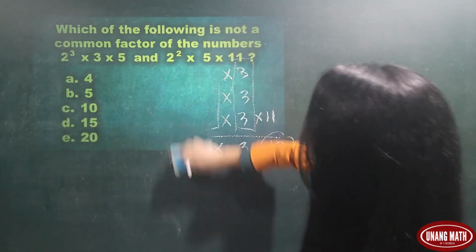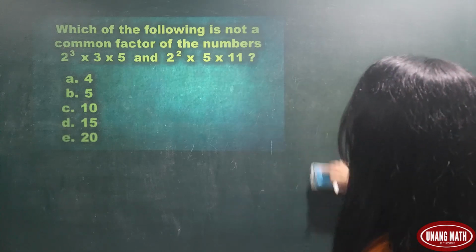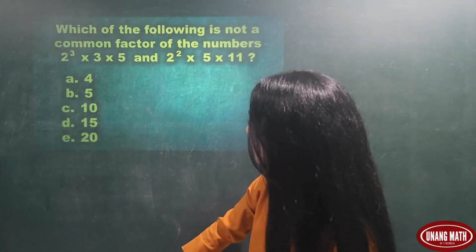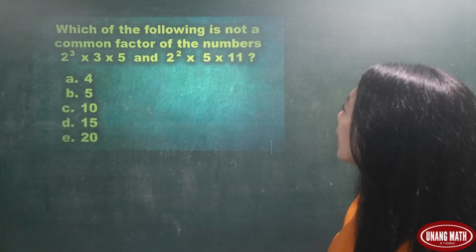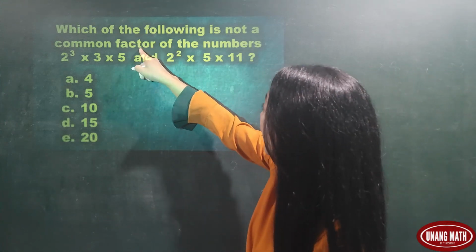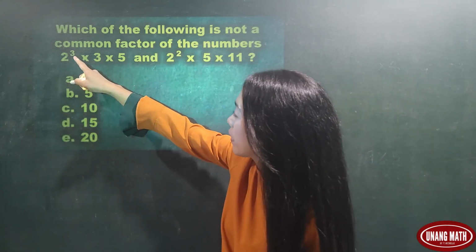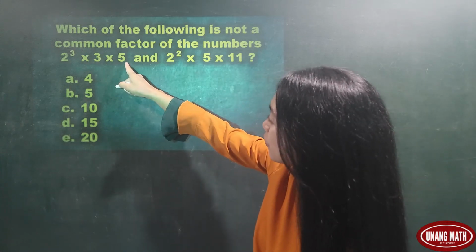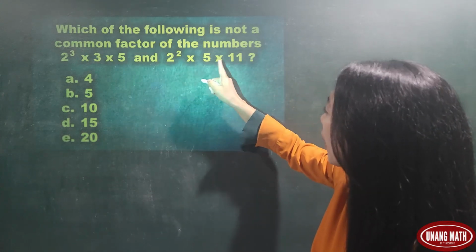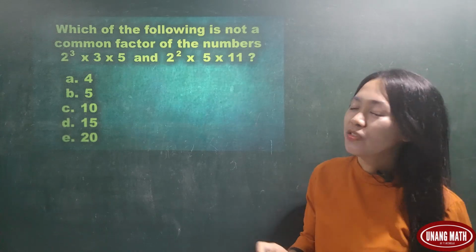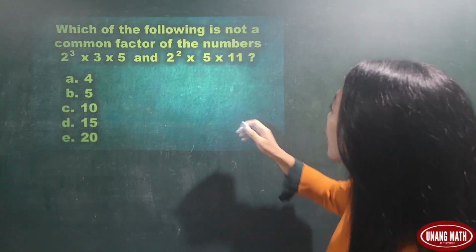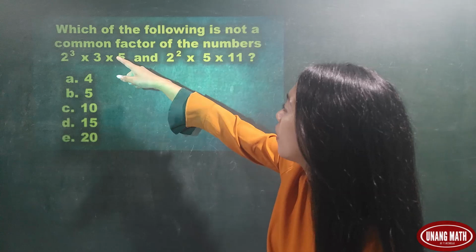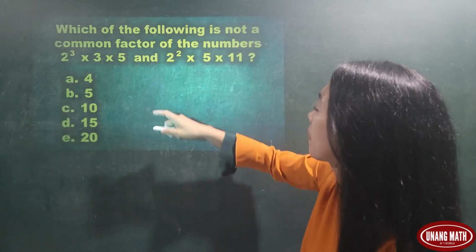Okay, now, let's answer the following problems. The first problem is, which of the following is not a common factor of the numbers 2 raised to the power of 3 times 5 and 2 squared times 5 times 11. So this problem is asking for not a common factor of these numbers.